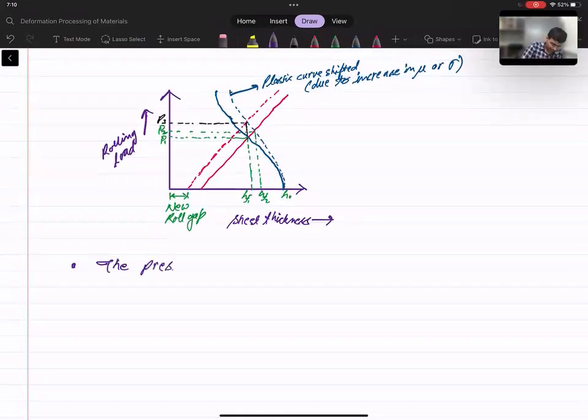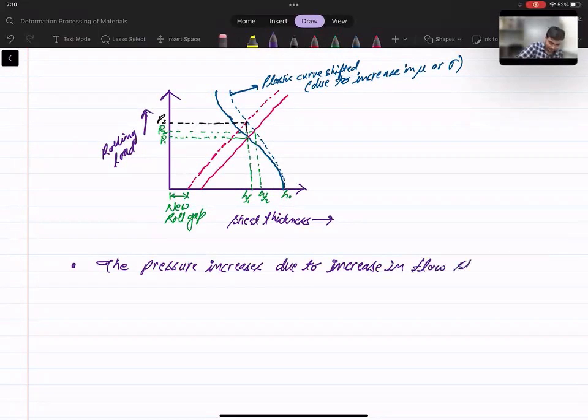The pressure increases due to increase in flow stress or that is coefficient of friction.